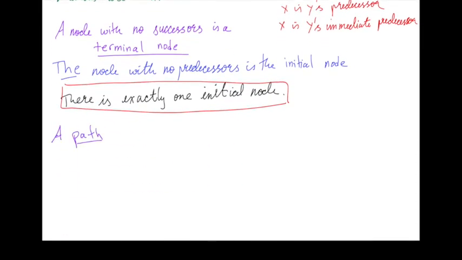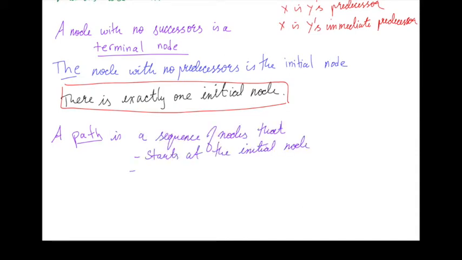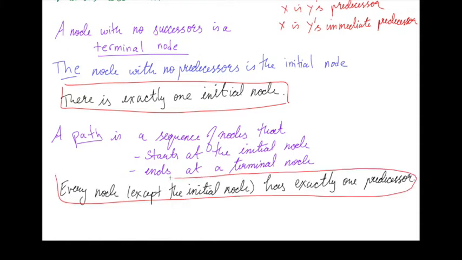A path in a tree is a sequence of nodes that starts at the initial node and ends at a terminal node. Now, every path has to lead to a unique terminal node, and there has to be a path to every terminal node. In other words, there's a bijection from paths to terminal nodes. Why is that? That's because of the second important point about trees.